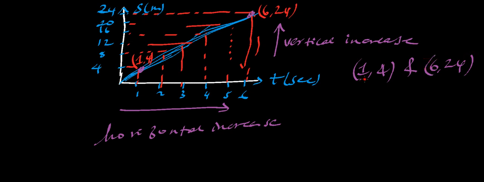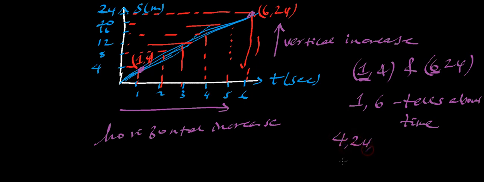The first coordinate, 1 and 6, tells you about what? Time. It tells about time. The second coordinate, 4 and 24, is the distance traveled. It tells about the distance.